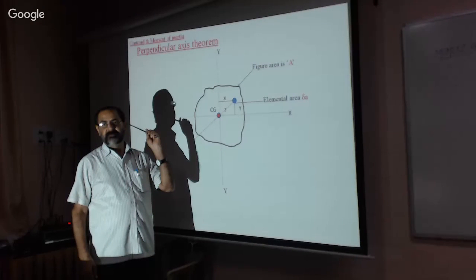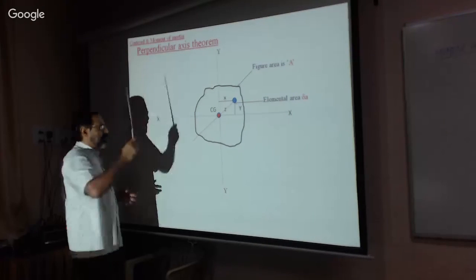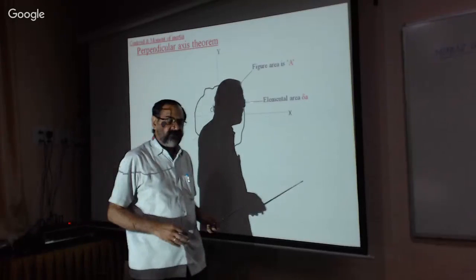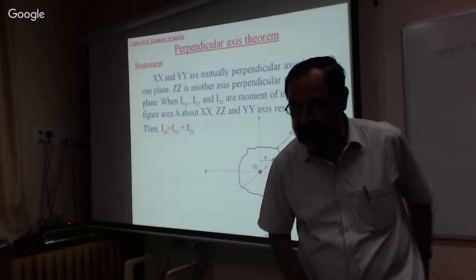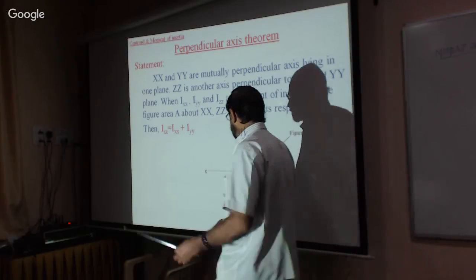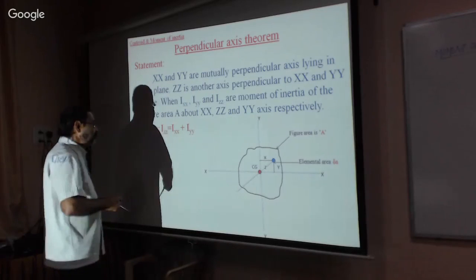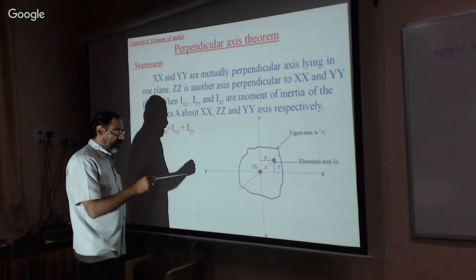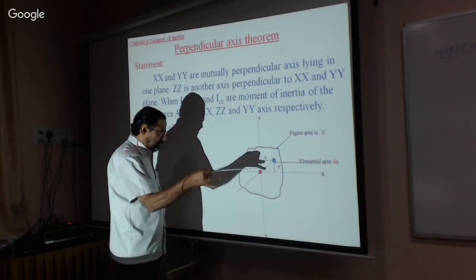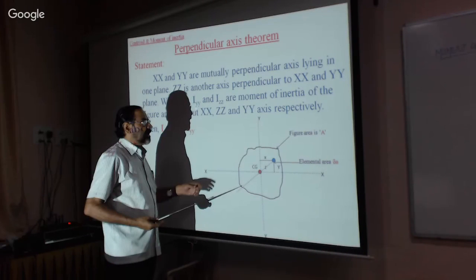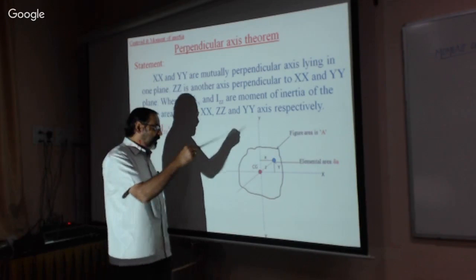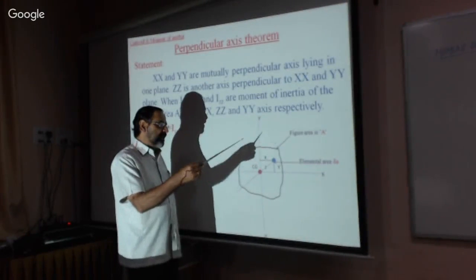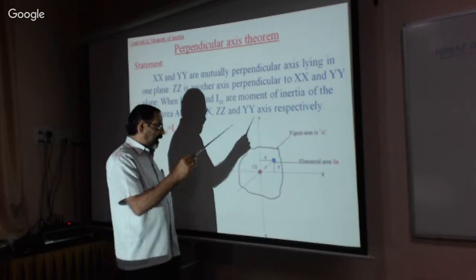Now see what the perpendicular axis theorem says. The statement is like this. x, y and z are three mutually perpendicular axes passing through the centroid.